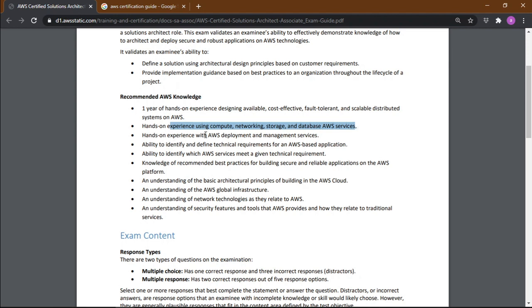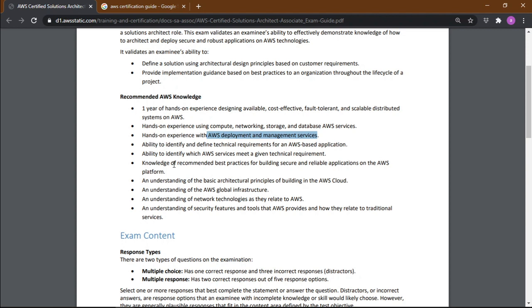And the next is deployment and management services. These pertain to CloudFormation, which is a way to automate cloud deployments, and CodePipeline, CodeDeploy, and everything of that sort which is related to deployment or DevOps.